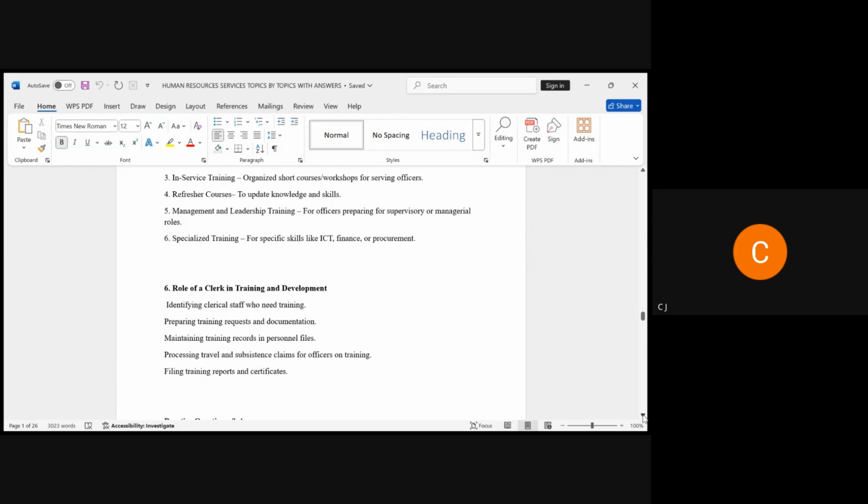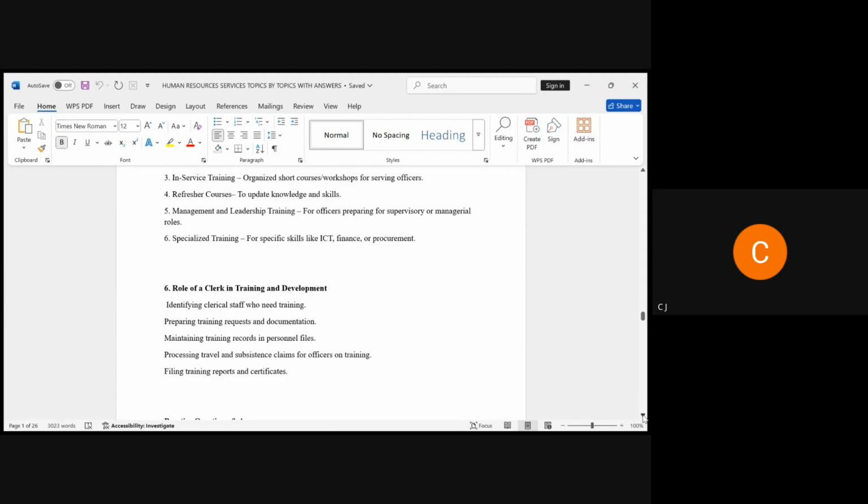So the first one is identifying clerical staff who need training. That is the role of a clerk in training and development. Preparing training requests and documentation. Maintaining training records in personal files. Processing travel and subsistence claims for officers on training.